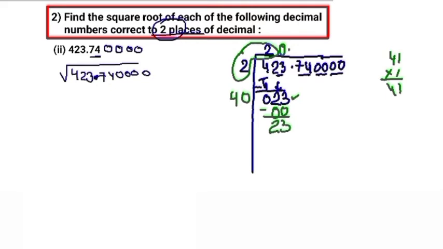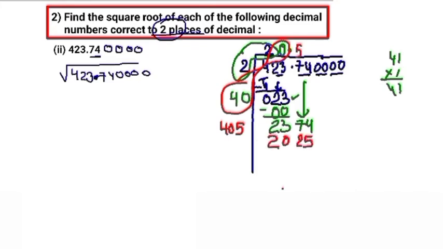Now you have a decimal point, so put the decimal point here, copy down the next pair, 74. Add this 40 with this 0, 40 plus 0 is 40, by 5, take 5 here, 5 5s are 25, 5 4s are 20, subtract, you will get 349, copy down the next zeros.